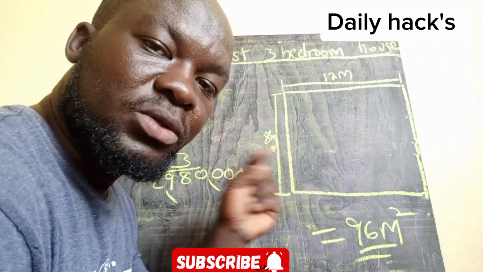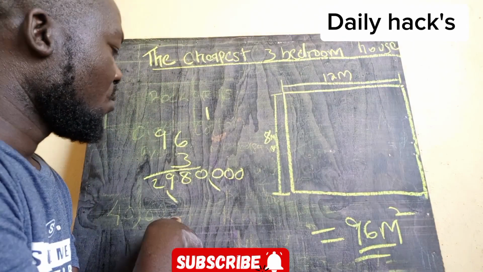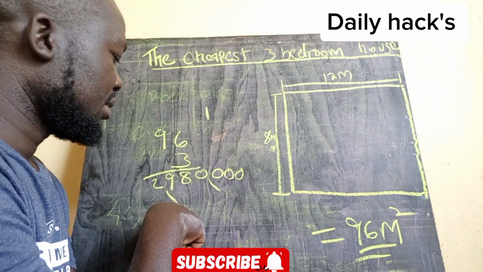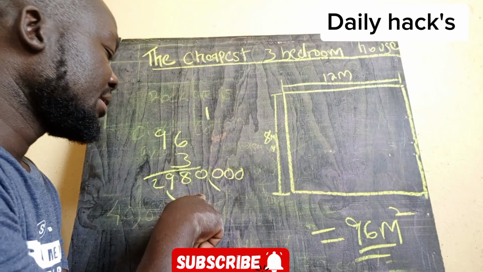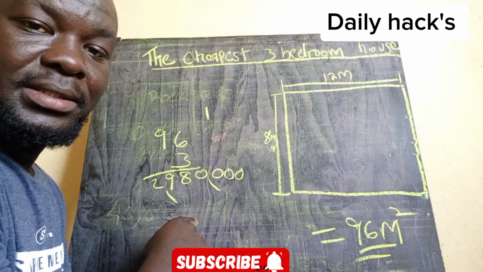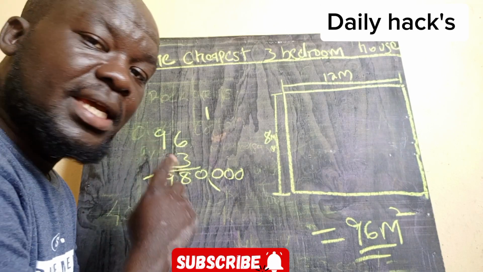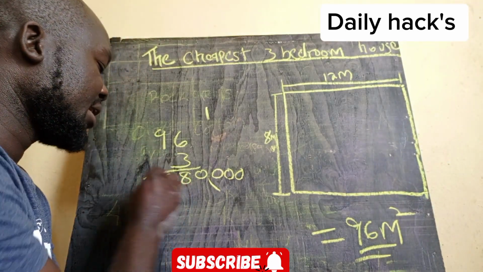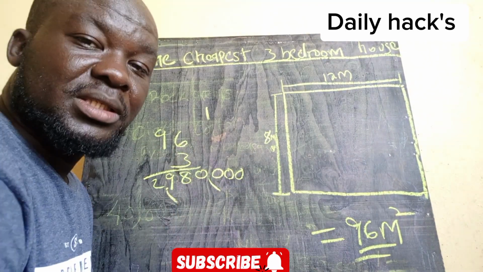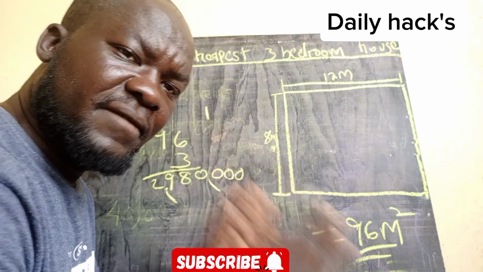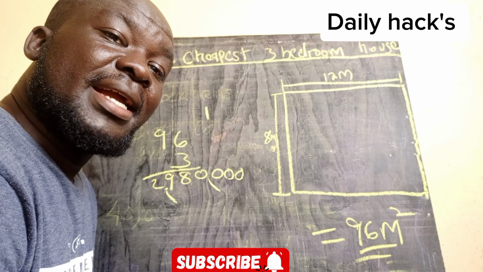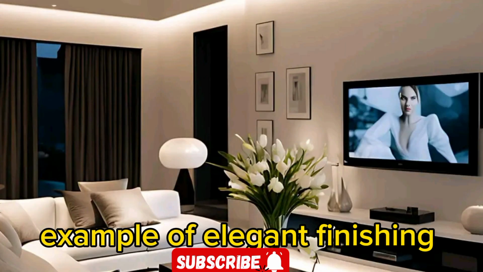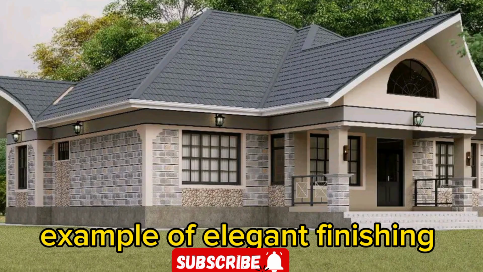So this particular house, it will cost us 2.98 million. This particular house. That is with elegant finishing. What is elegant finishing? I will put an example of an elegant finishing somewhere here.